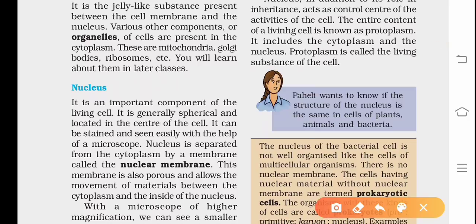Moving on to the next part of the cell, we have the nucleus. Now this nucleus consists of a nuclear membrane which protects it from the cell cytoplasm and helps in exchange of materials between the cytoplasm and the nucleus.